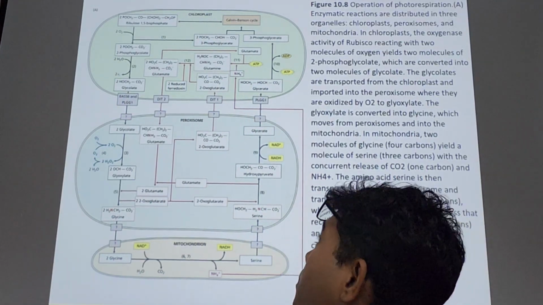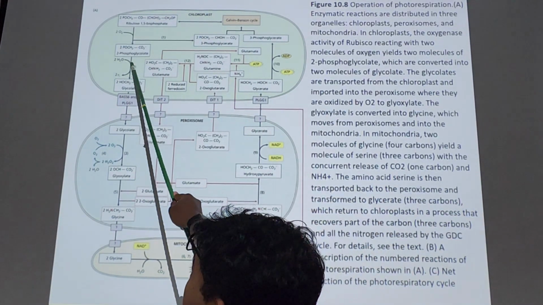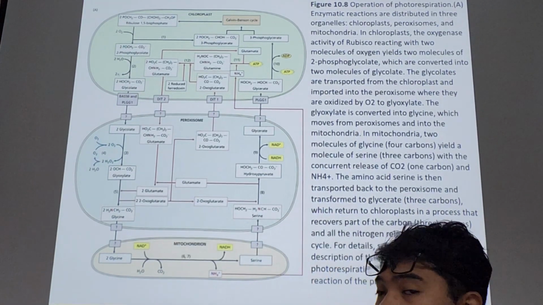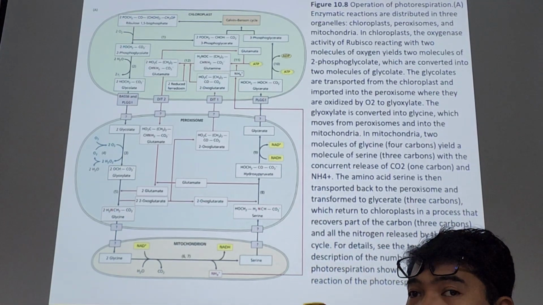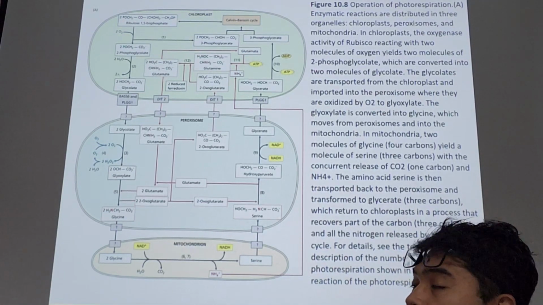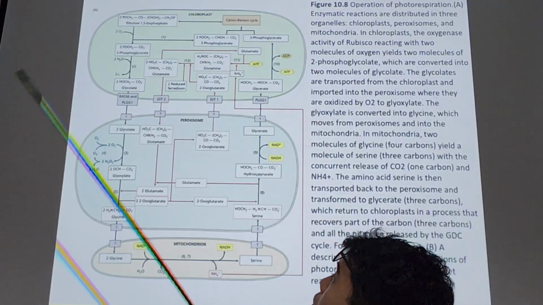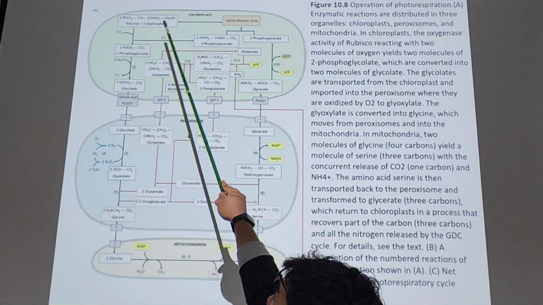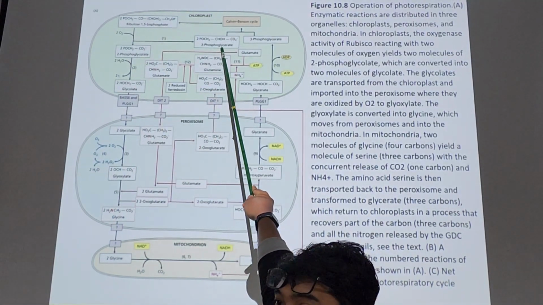Now, since the plants have produced this toxic two-carbon product, phosphoglycolate, it needs to be turned into something useful again. So the whole idea is from 2-phosphoglycolate, how to get back to 3-phosphoglycerate.